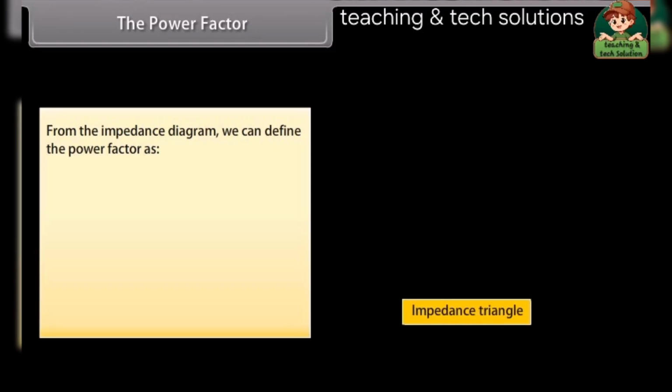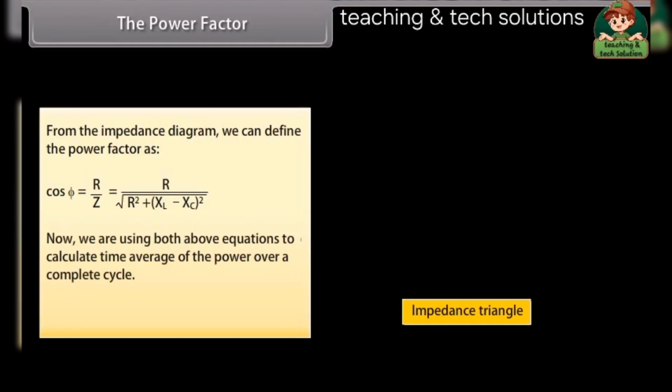From the impedance diagram, we can define the power factor as cos phi equal to R upon Z, which is equal to R upon under root R square plus (XL minus XC) square. Now, using both above equations to calculate the time average of the power over the complete cycle, P bar is equal to the product of I RMS square and R.